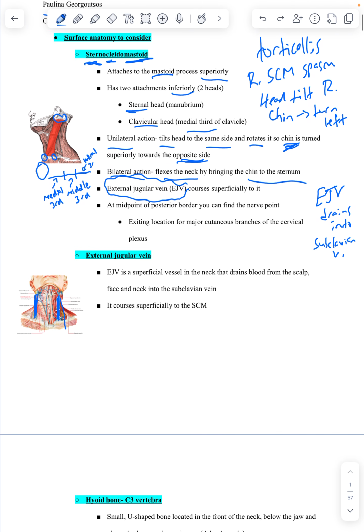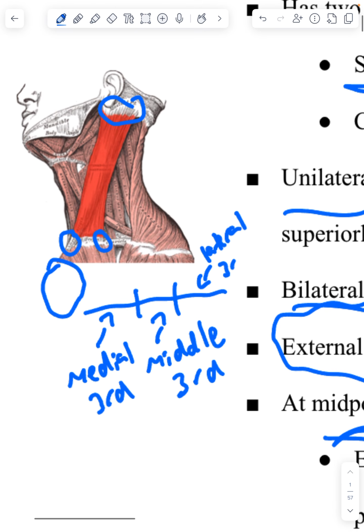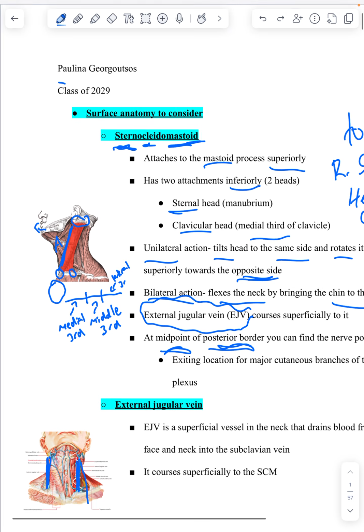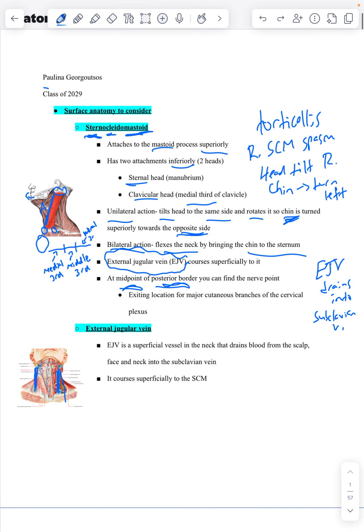And then the other important thing about sternocleidomastoid is at the midpoint of the posterior border. So this is the front or anterior border. This back part is the posterior border. So at the middle of the posterior border, you will find something called a nerve point.